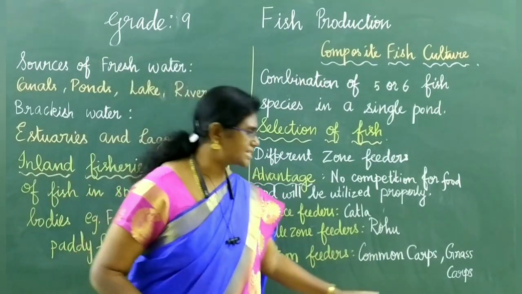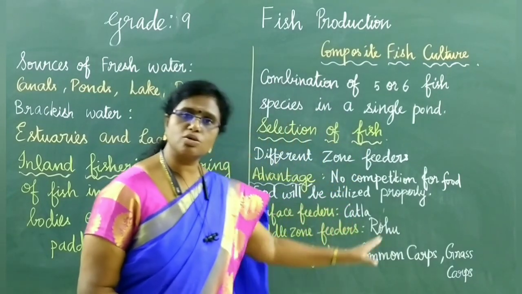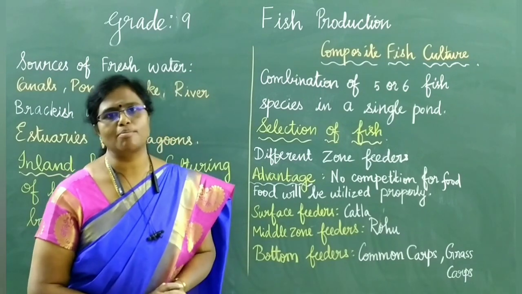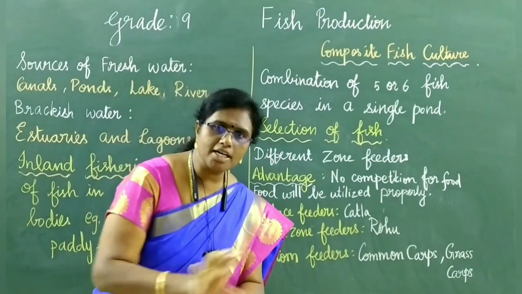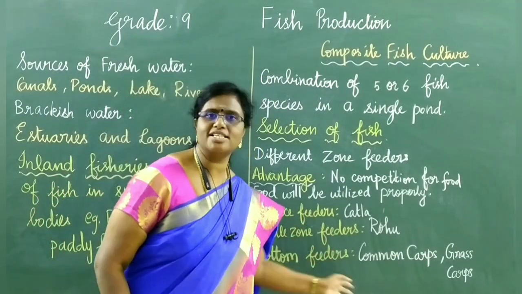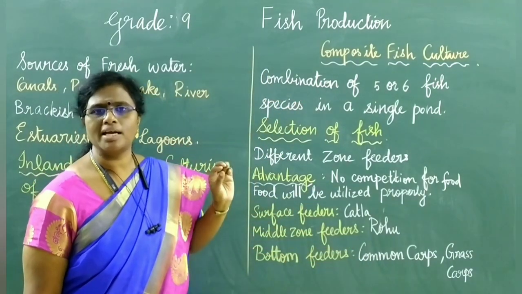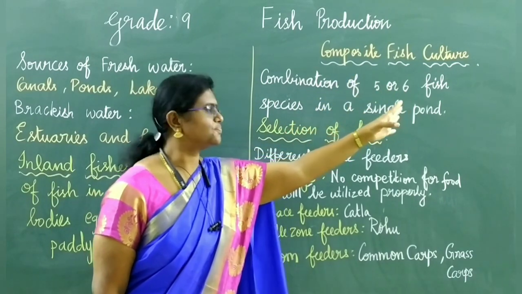Example, you remember grass is at the bottom. Grass carp. Common carp. So these two fishes will take the food from the bottom of the water body. So we can categorize into surface feeders, middle zone feeders and bottom feeders. So such different varieties of fishes are selected in a common water body and it is grown. That is called composite fish culture.